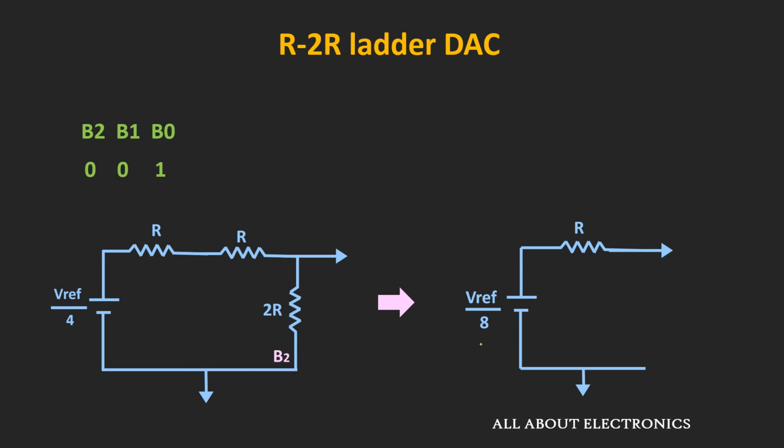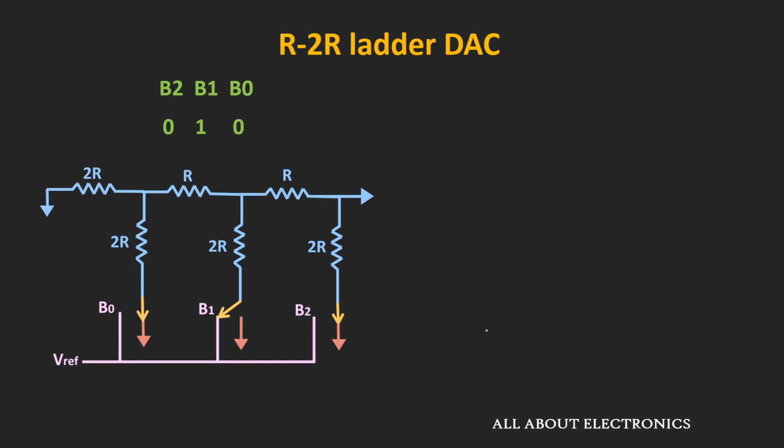So in this way, by finding the Thevenin's equivalent circuit, we can minimize the circuit and we can find the output voltage. So from this we can say that whenever only this bit B0 is 1, at that time the output of this 3-bit ladder network is equal to V reference by 8 volt.